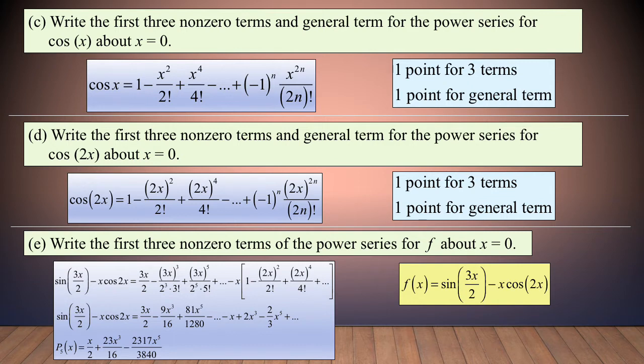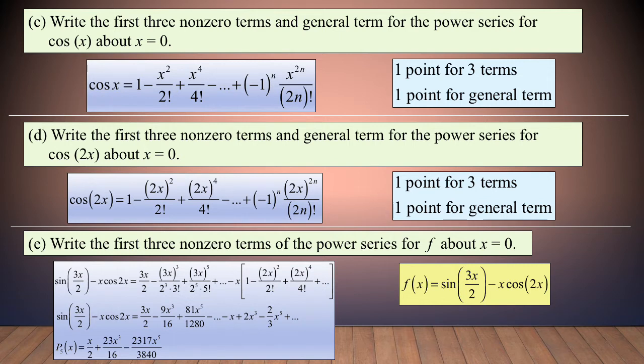So therefore, when we subtract sine of 3x over 2 minus x cosine of 2x, we get 3x over 2 minus 9x^3 over 16 plus 81x^5 over 1,280 plus dot dot dot, minus x plus 2x^3 minus 2/3 x^5 plus dot dot dot.